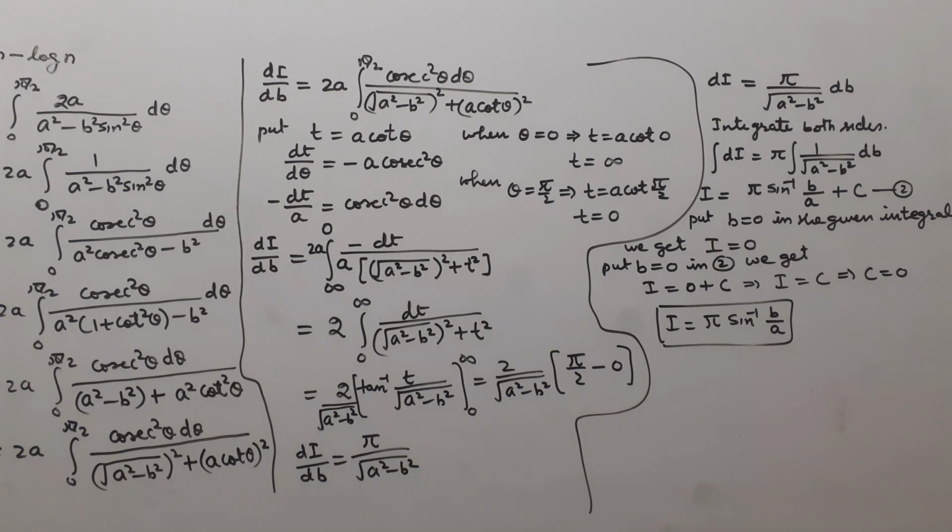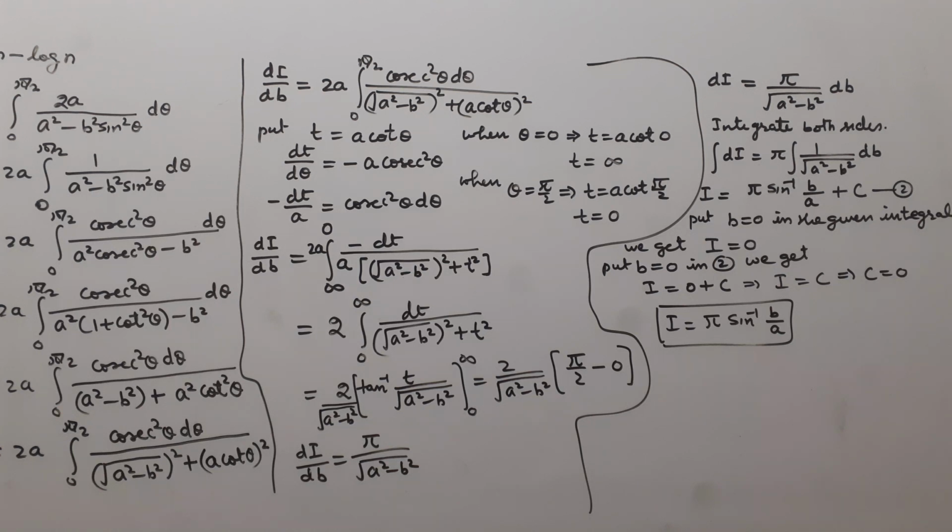Here we find the value of the integration constant. For this we put b is equal to 0 in the given integral. In the given integral, log of (a plus b sin theta) upon (a minus b sin theta) times cosec theta d theta, when we put b is equal to 0, b multiplied by sin theta is 0. So the bracket reduces into log a by a.